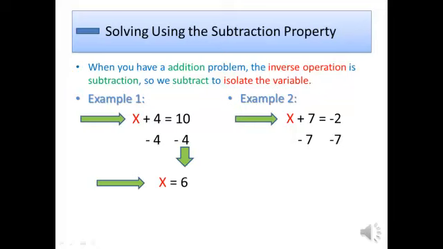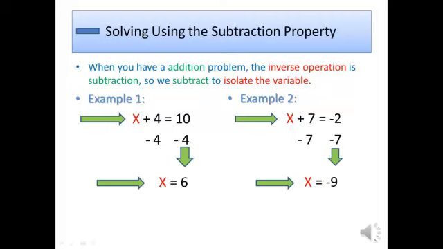We subtract 7. Negative 2 subtract 7 is negative 9, and so our answer is x equals negative 9. In both of these examples, they were addition problems. We use the subtraction property to solve for our variable because addition and subtraction are inverse operations.